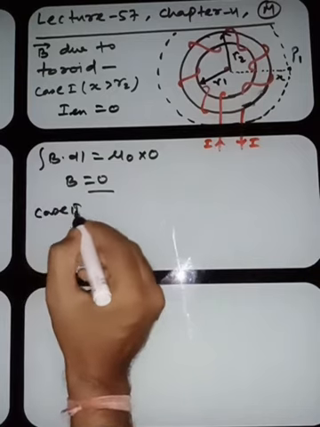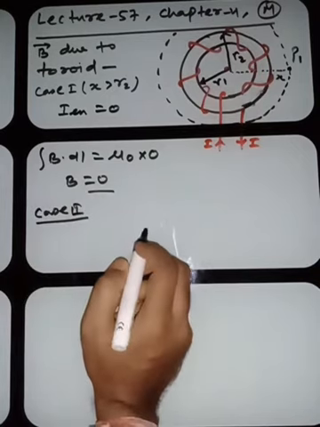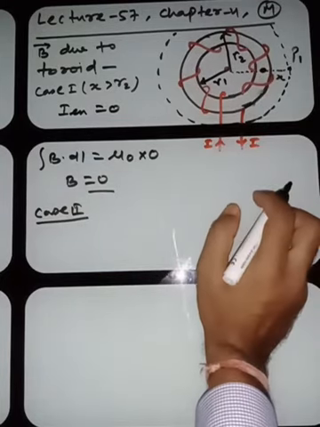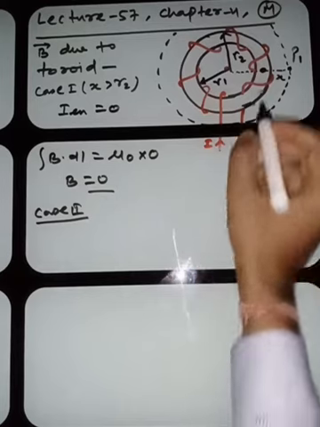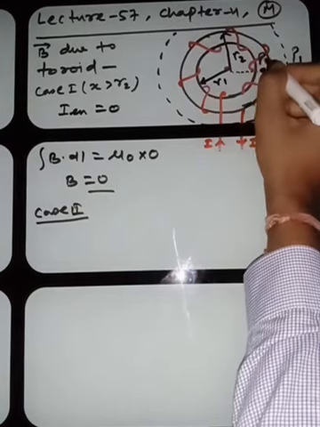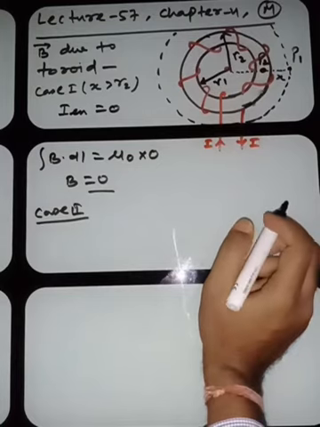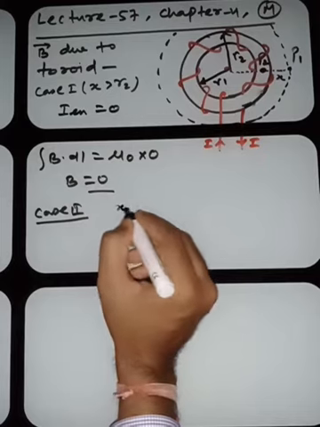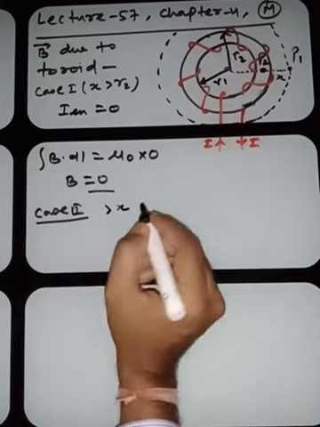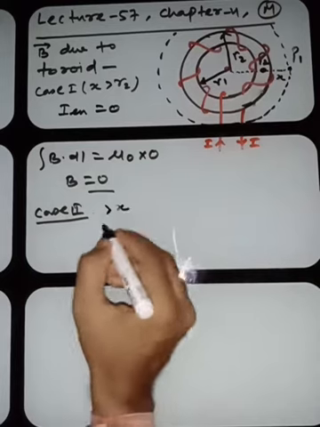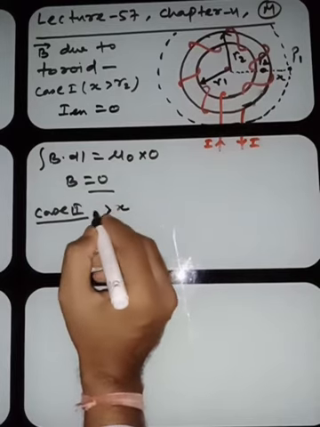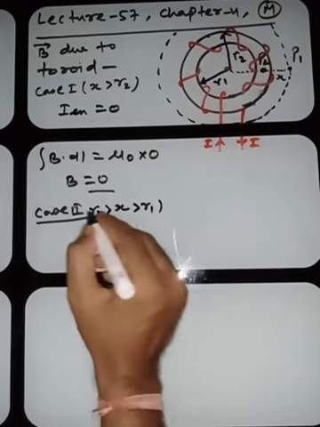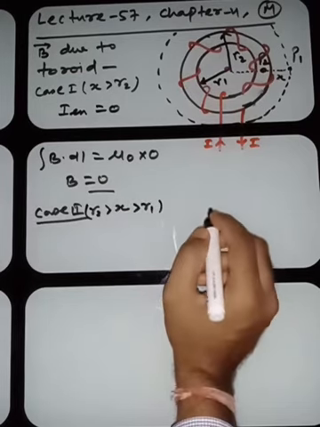Case 2, my dear students: if we consider any point in between, in the space of the toroid, somewhere here, the point P2, it means x is less than R2 but greater than R1, for point P2.